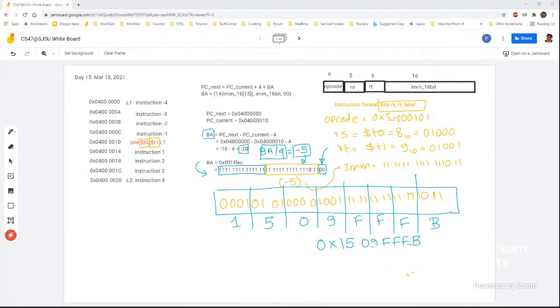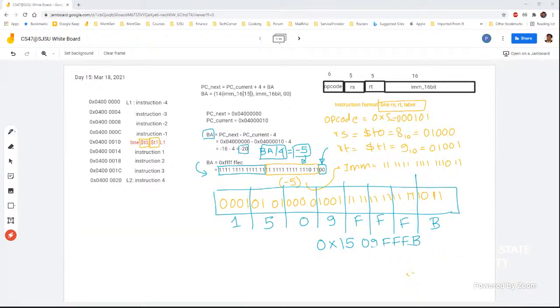Okay, 16-bit 2's complement of -5, that you can do to make the problem a little bit simpler for you. Okay, so this makes sense.